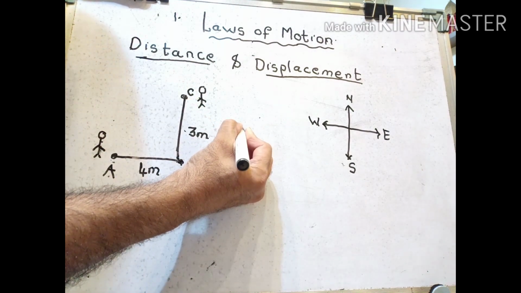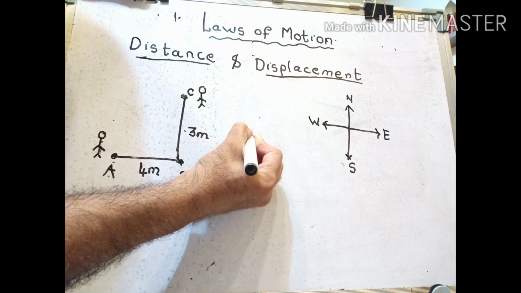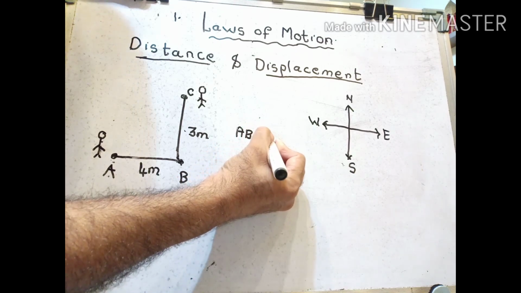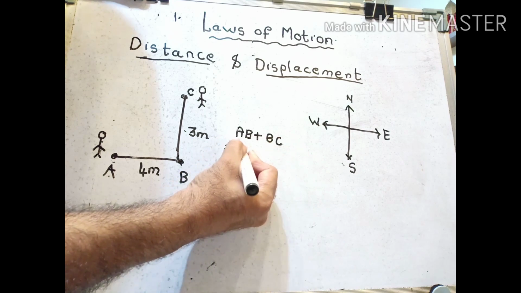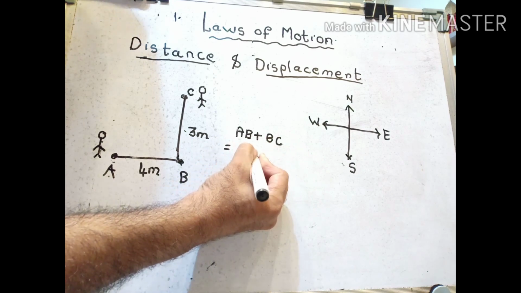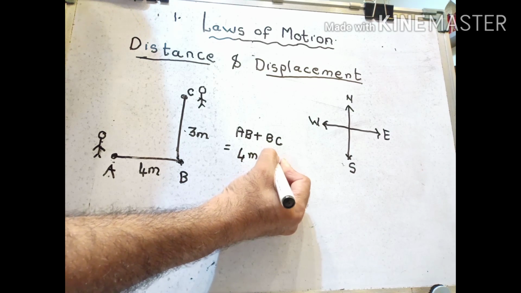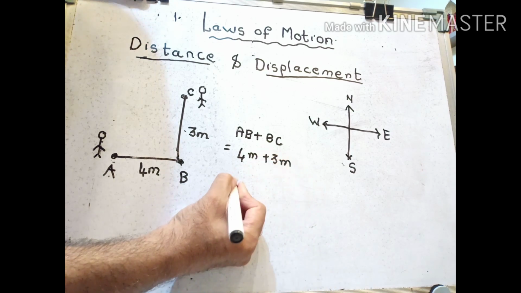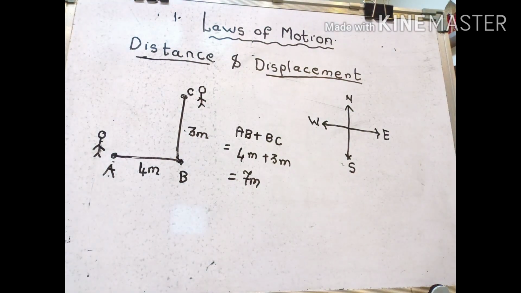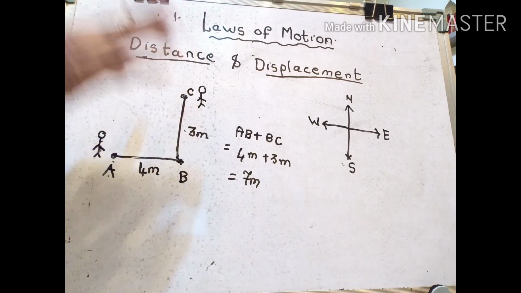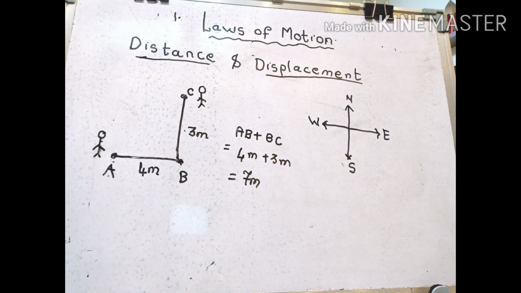So the distance will be the length of the actual path, that is AB plus BC, and AB plus BC is equal to 4 meters plus 3 meters, right? So the distance traveled by the person right now is 7 meters, right? So the first situation is that the person is stationed right now at C.